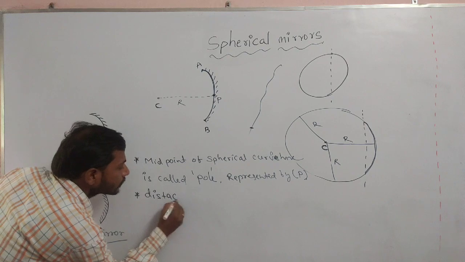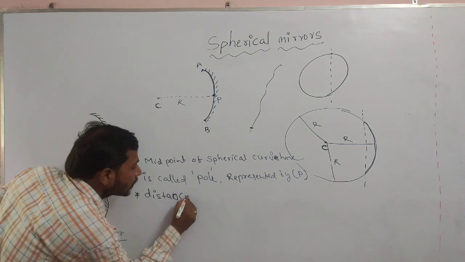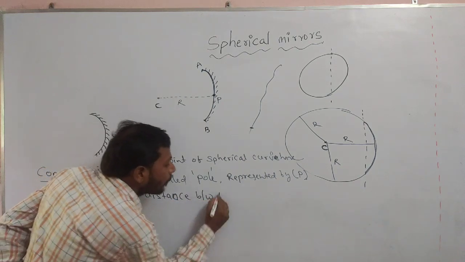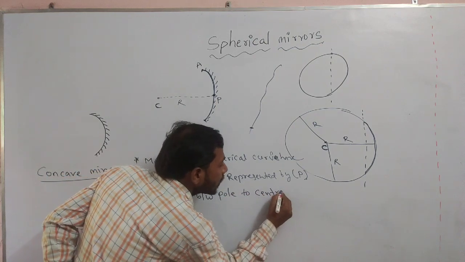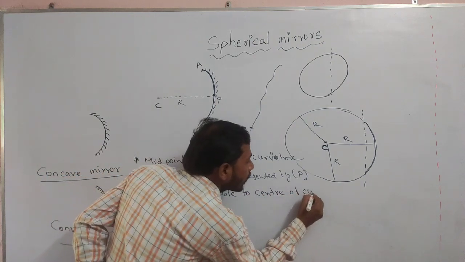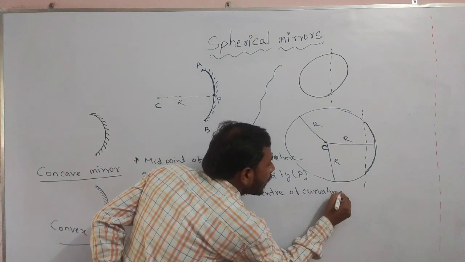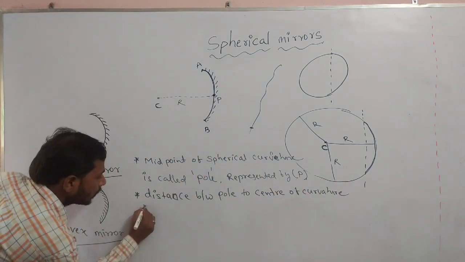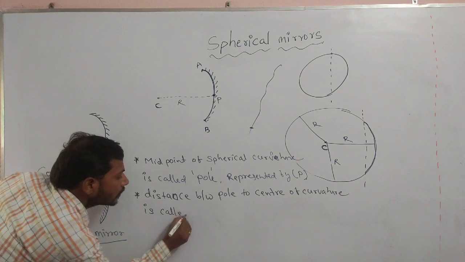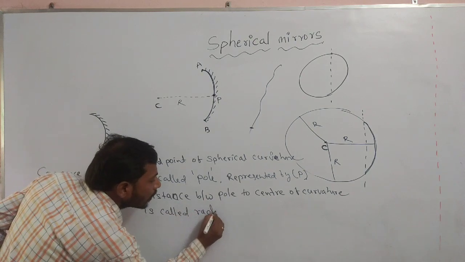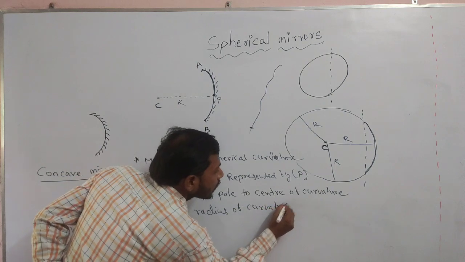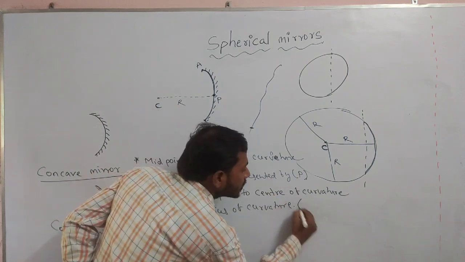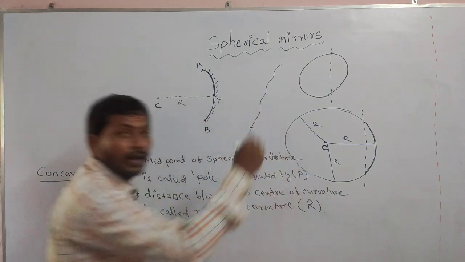Distance between pole and center of curvature is called radius of curvature, represented by which letter? Capital R.